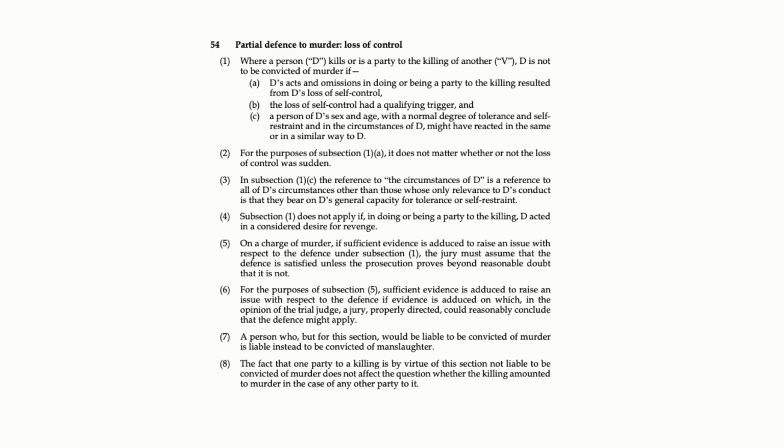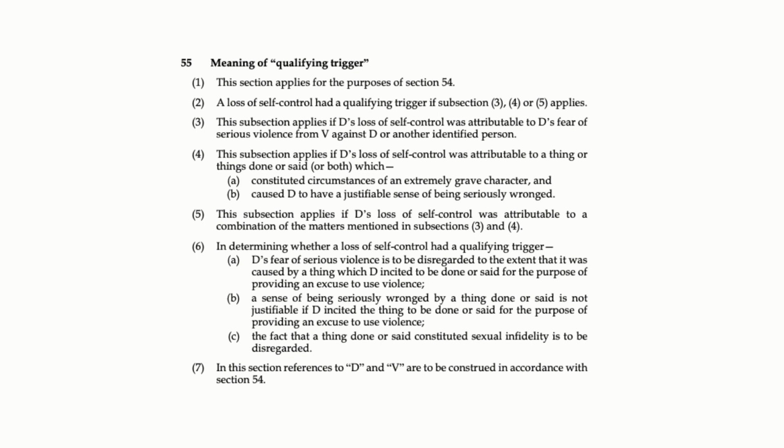We don't have to go through this in detail at this stage, but to summarize, where a defendant of the same sex, age, and normal degree of tolerance were subjected to the circumstances that James was, would the outcome be the same? In other words, we test this against the Section 55 qualifying triggers to determine whether someone in a similar capacity, subjected to similar pressures and external factors, would consider having been seriously wronged, subjected to serious violence, or a combination of the two.